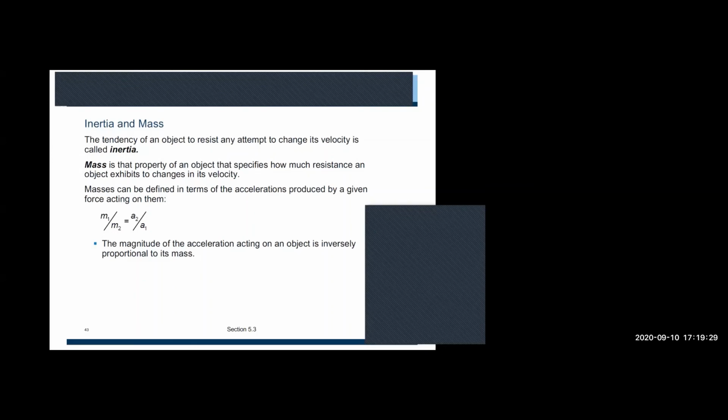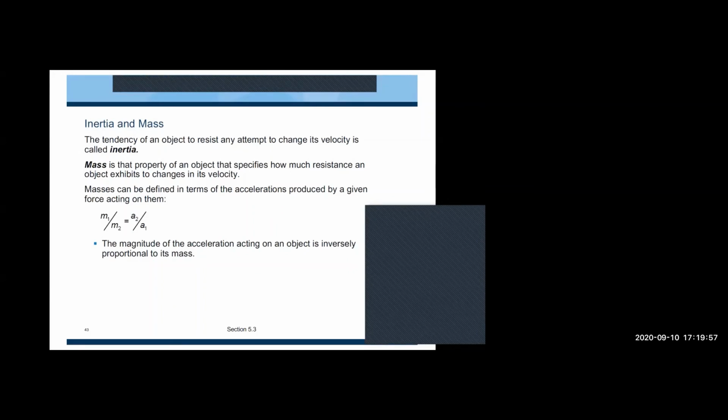That is why the magnitude of acceleration on an object is inversely proportional to the mass. Hopefully you try to understand inertia as the reluctance towards any change. The English of inertia is basically referring to the reluctance to have any change in the original property.